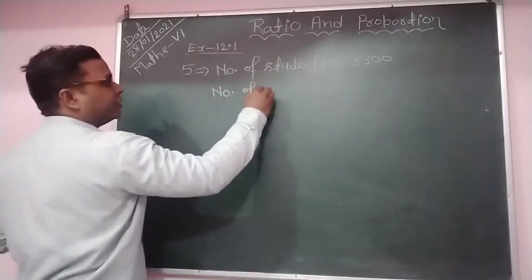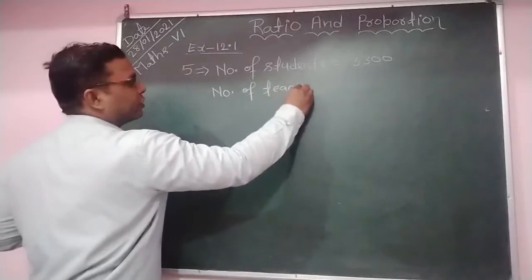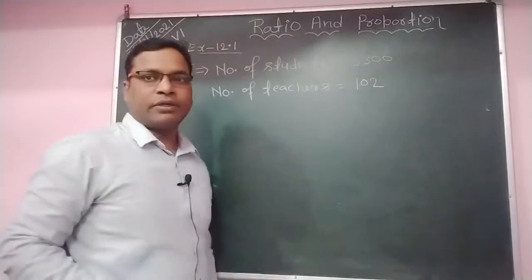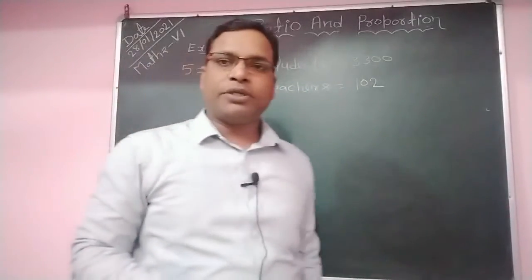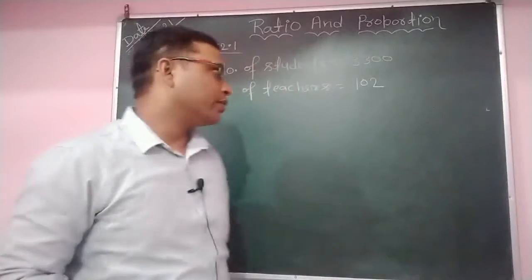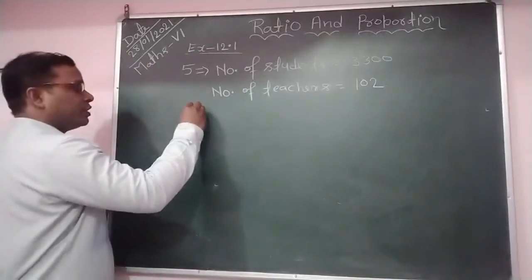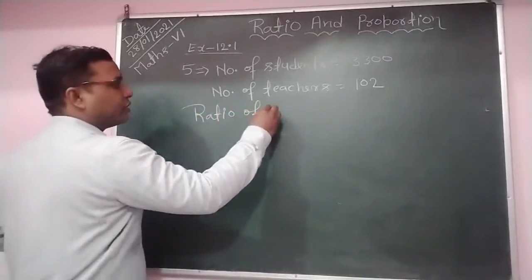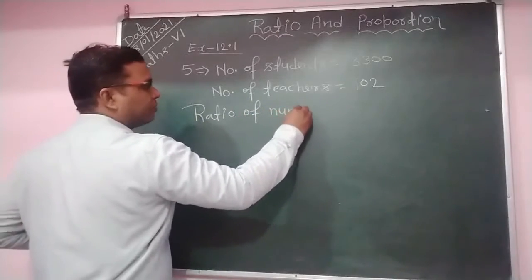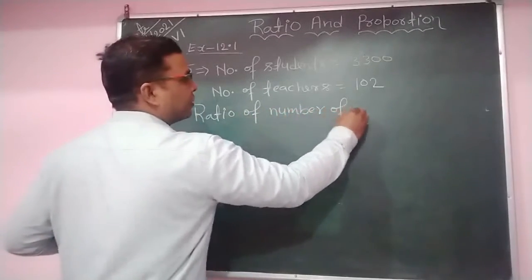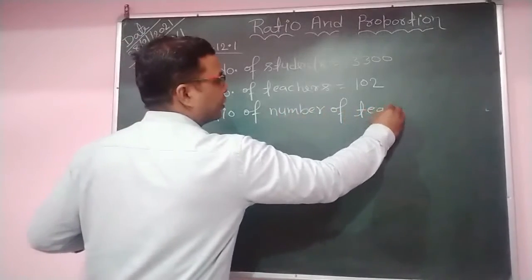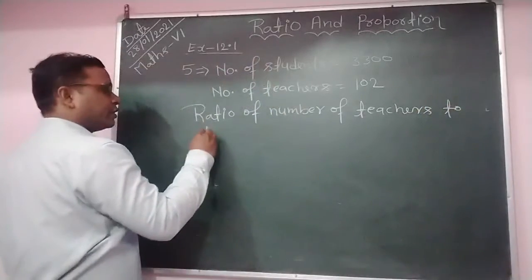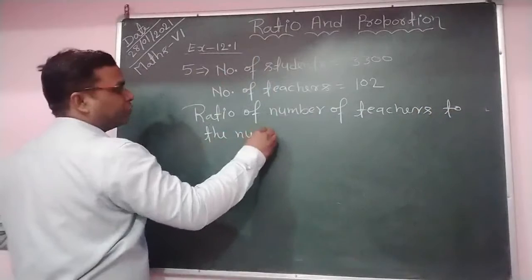Number of teachers is equal to 102. This is given. We need to find the ratio of the number of teachers to the number of students.